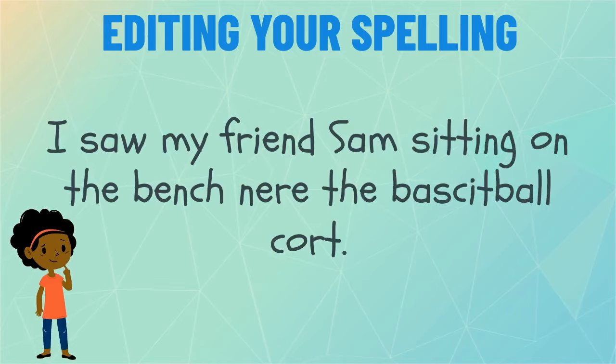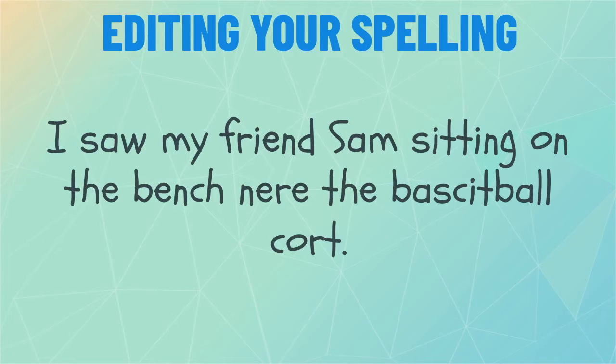Do you see any places where I did not use word parts correctly? Oh yeah. Now I remember learning that O-U-R can sometimes make the or sound. So the word court is probably spelled C-O-U-R-T.